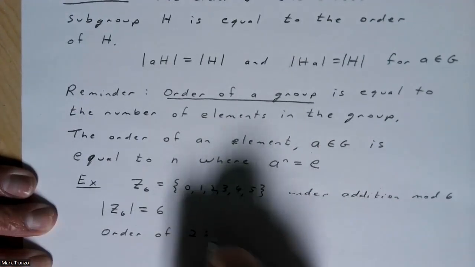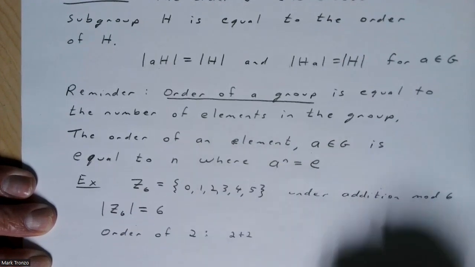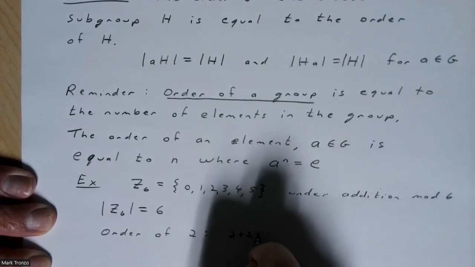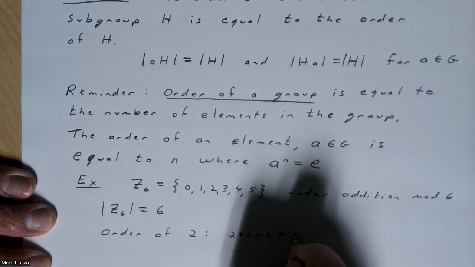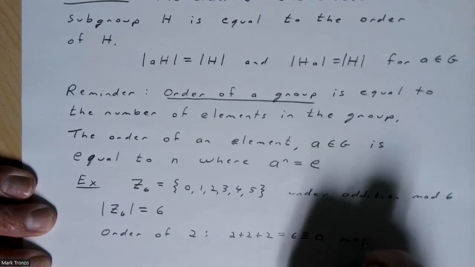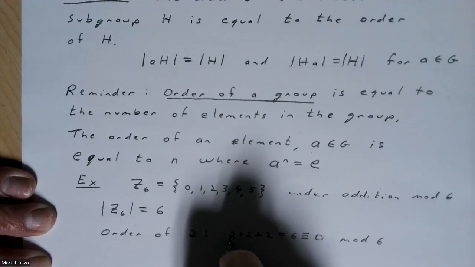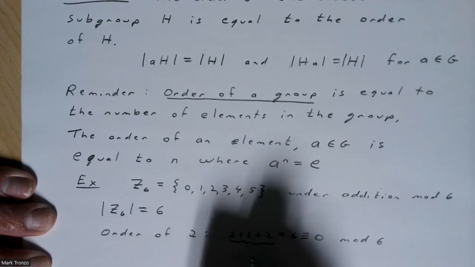If you take 2 plus 2 is 4, 2 plus 2 plus 2 is 6, and that's equal to 0 mod 6. We had to do this 3 times.